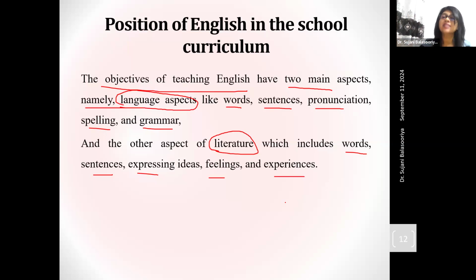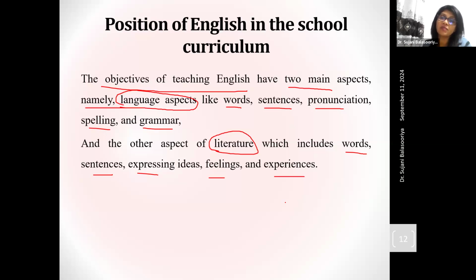Not only that, sentences. Sentence patterns, right? SV, SVO, SVA, like this, different patterns are there. So those patterns, that is also a kind of structure. And pronunciation, how to pronounce certain words. Okay. Now, sometimes some words do not have phonetic spelling.